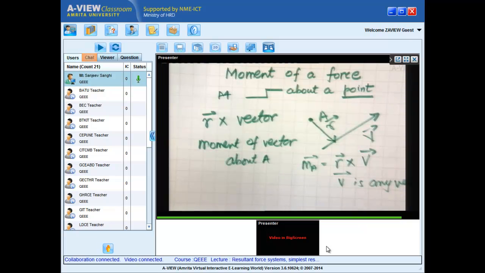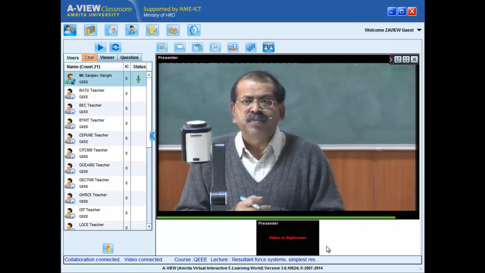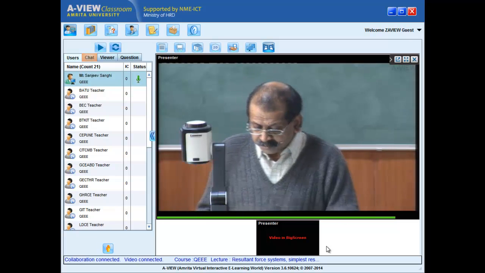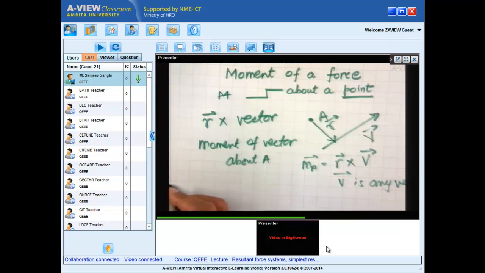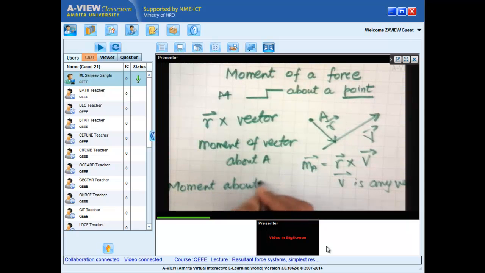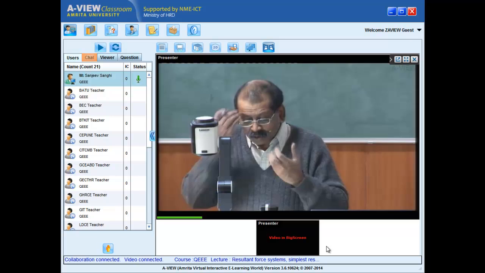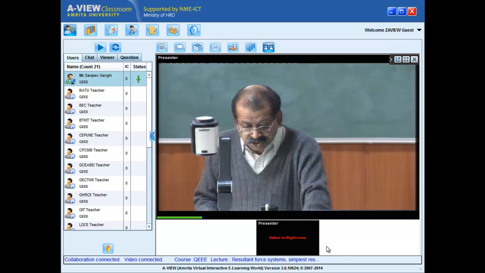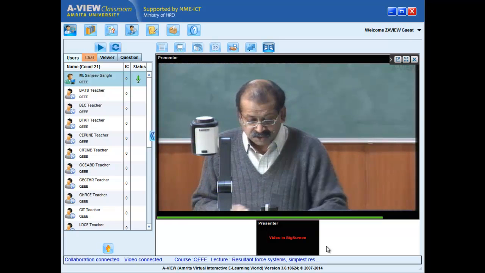And as we saw in the last class, moment of a force gives us the turning capability of a force about that point. But then we also introduced the concept of moment about an axis. And this concept is something which you do not see in your high school physics.